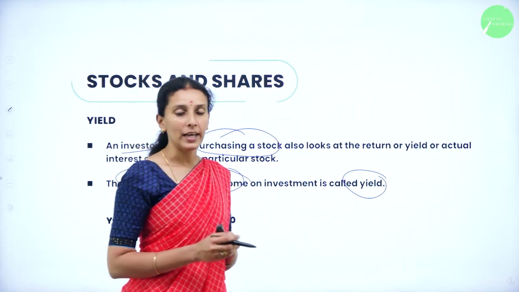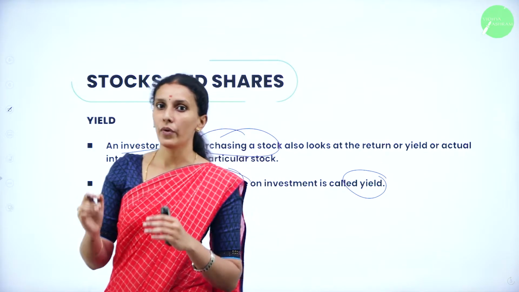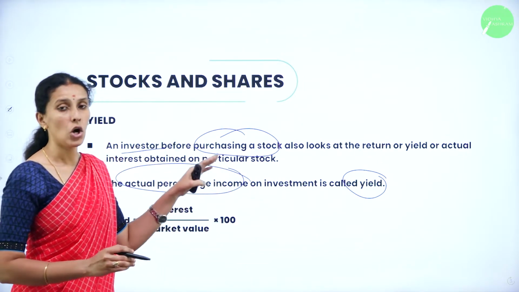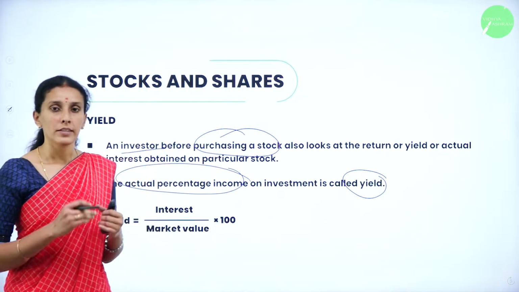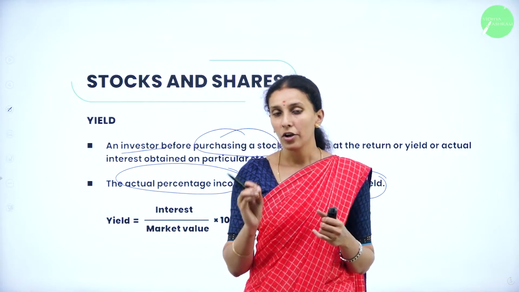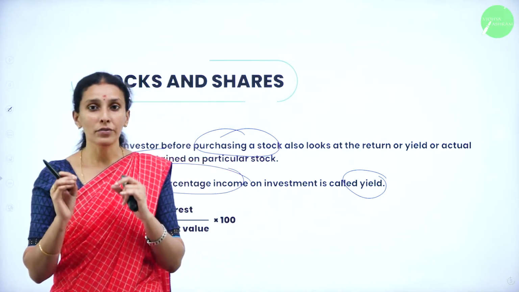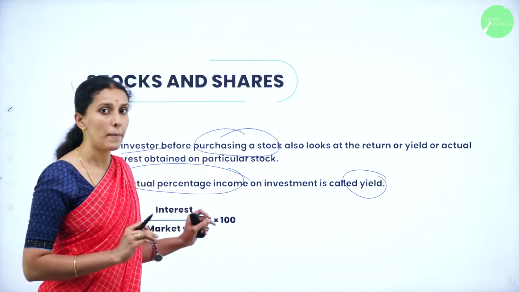We have to see that dividends are always calculated on the face value, whereas yield is calculated on the market value. So dividend is nothing but annual income for rupees 100 of a stock, whereas yield is nothing but annual income for rupees 100 on the market value.